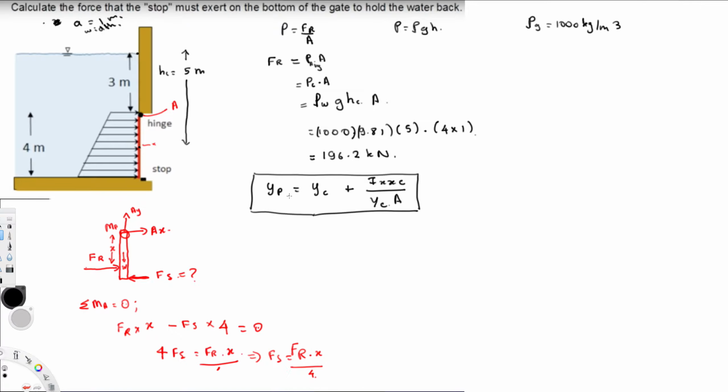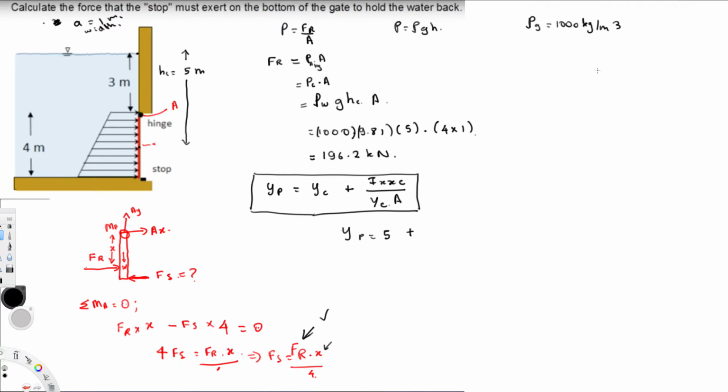We have to use this to find the location where the average force is acting, to find Fs. So yp is equal to yc, which is 5, the same height, the centroid, plus the area moment of inertia.